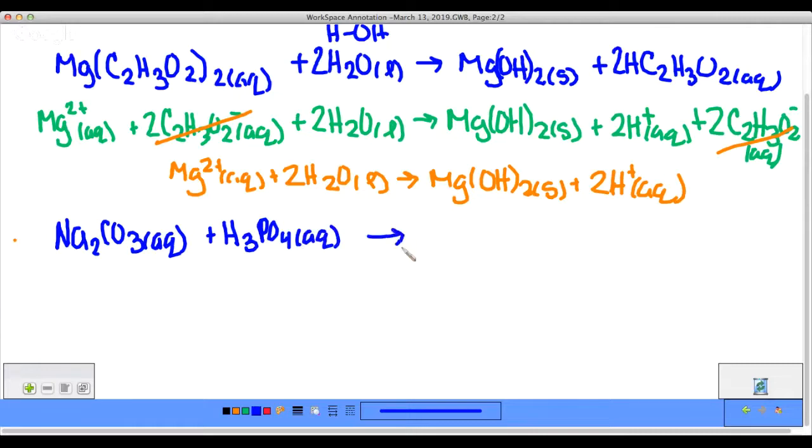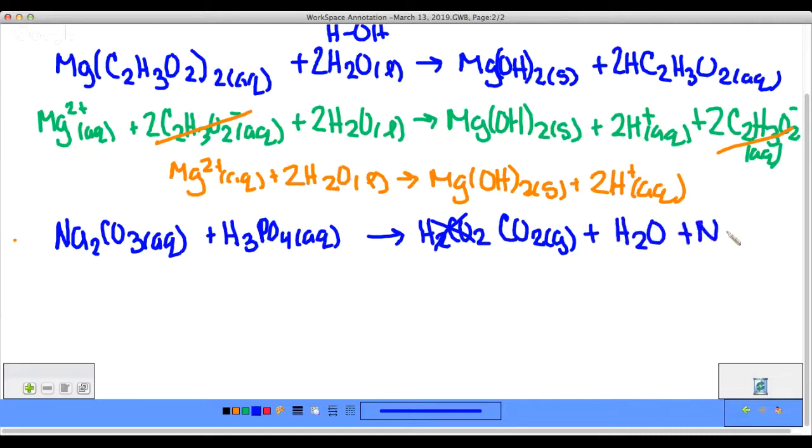And then this is going to be a double replacement reaction. And actually, this is a little bit different because what we're going to be creating is carbonic acid. So we're actually going to be producing H2CO3, but then this breaks apart into carbon dioxide gas plus water.